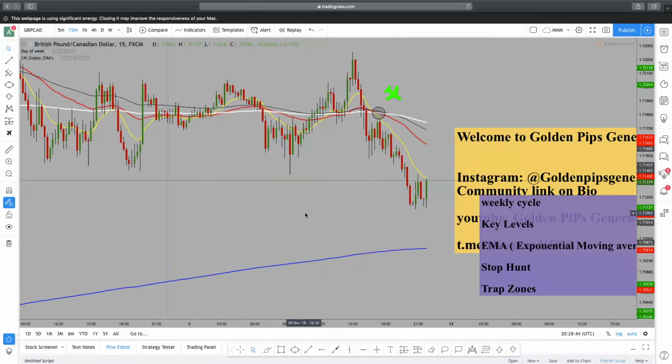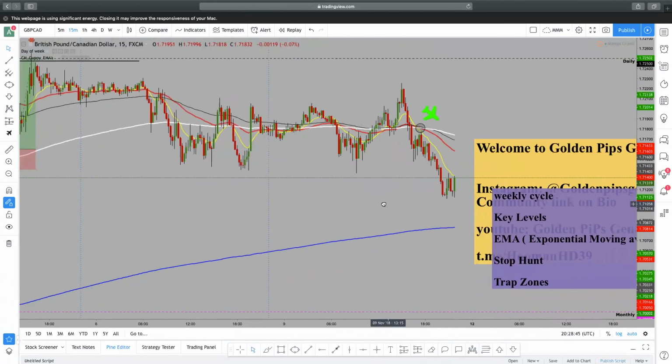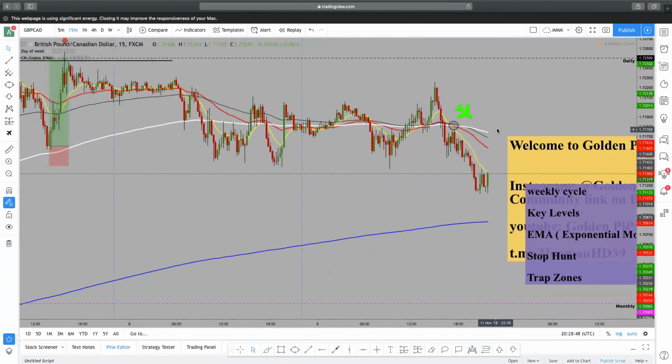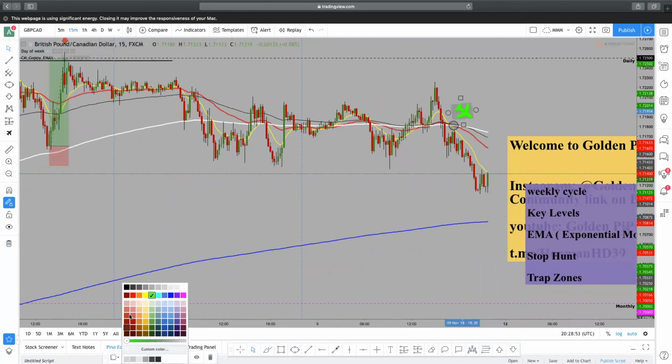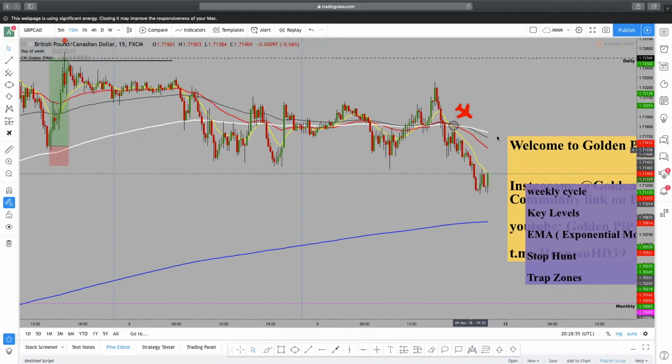That to me is waiting on Monday for the price to come back to the Mayo, and I sell out of it. Let me make it red so you don't get confused. So we look for a sell right here.